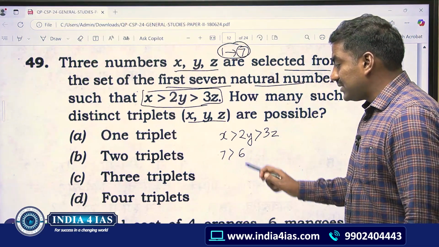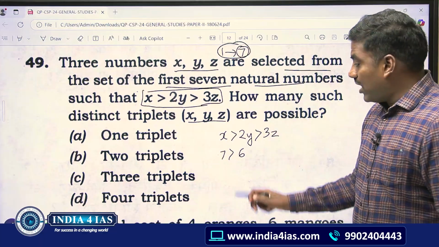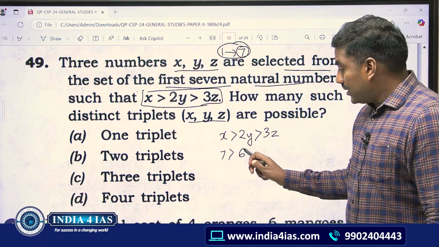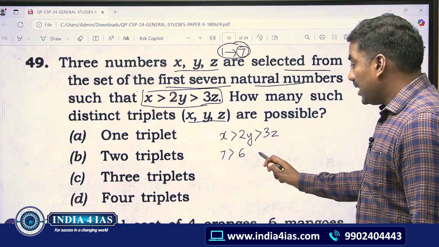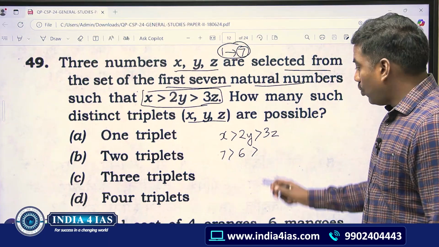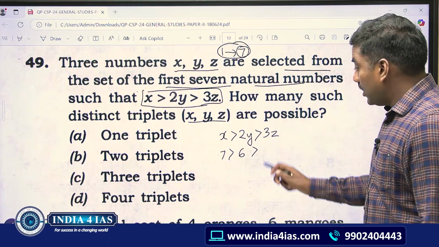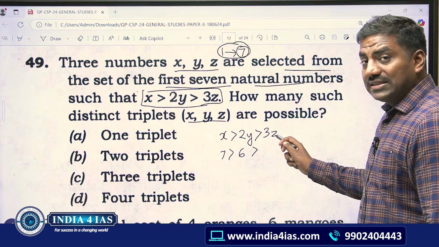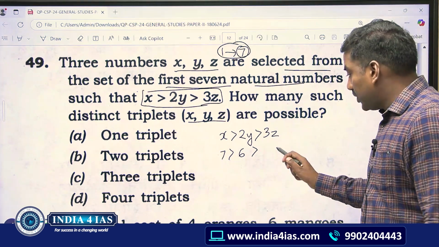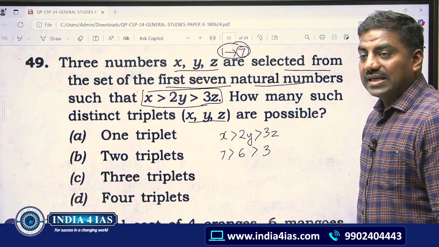It can be 6, because 2y has to be lesser than 7. It will be 6. In that case, what will be the value of this? It has to be lesser than 5. But 3 somethings are 5 will not come. So in that case, this has to be 3.